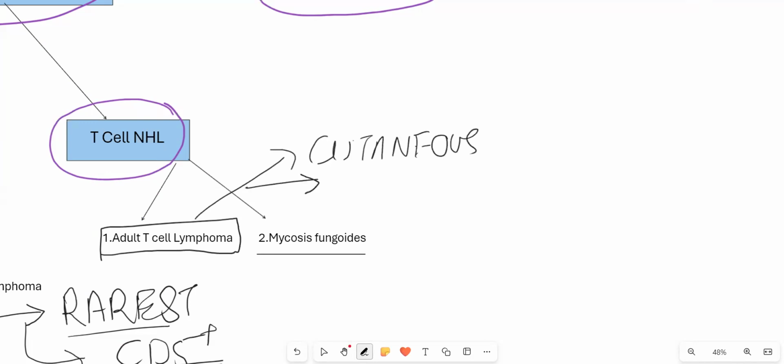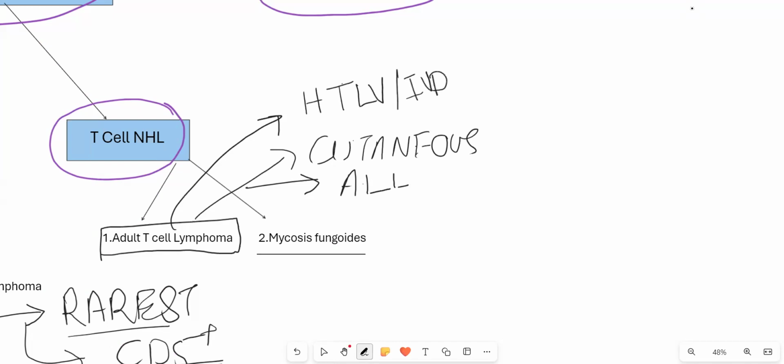It may convert into acute lymphocytic leukemia. It is highly associated with HTLV and IV drug abusers.